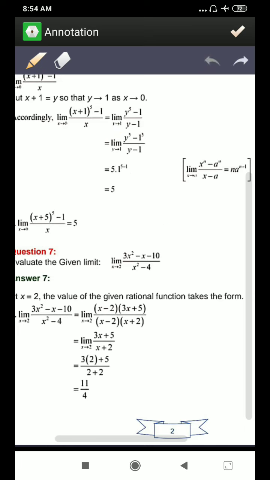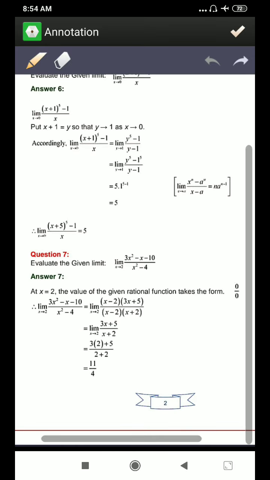Whenever we get 0 by 0 form, you can't simply replace x by 2. Now what to do? You factorize the numerator and denominator. That is also one of the methods to remove 0 by 0 form. Factorize the numerator by splitting the middle term, and the denominator x square minus 4 can be written as x minus 2 into x plus 2.